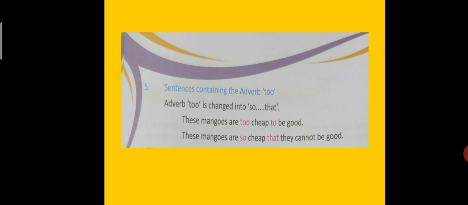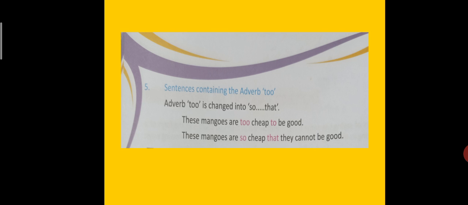Here, too cheap to be good, to will be changed into so that. So what you will write, these mangoes are, instead of to, so, then cheap will be the same, then that they cannot be good. Here the meaning is not changing. These mangoes are so cheap that they cannot be good.